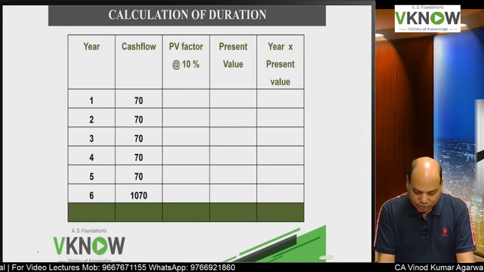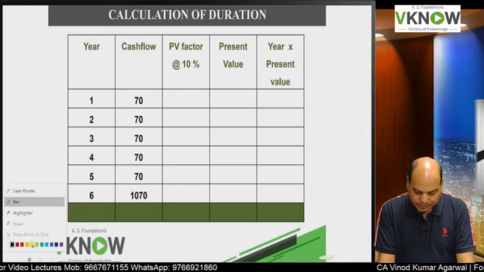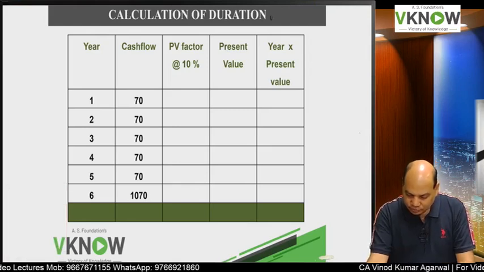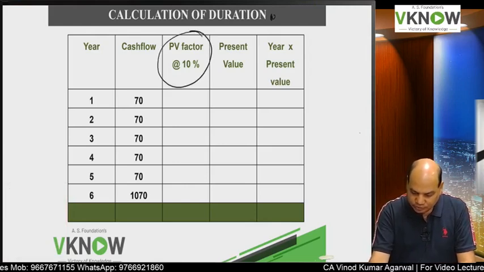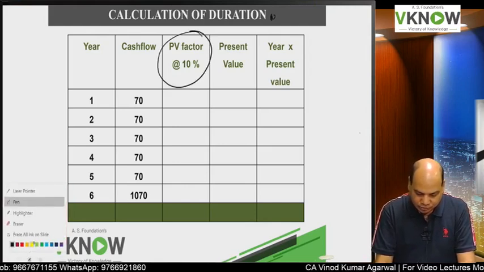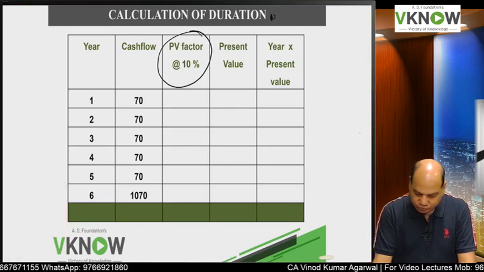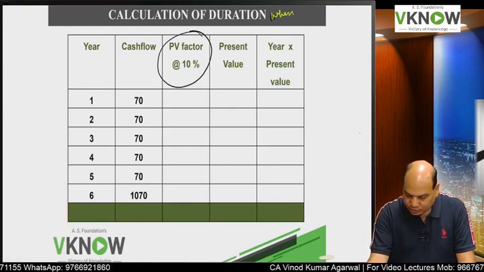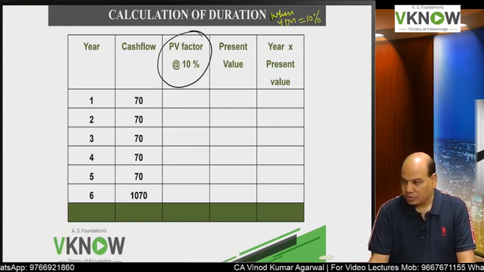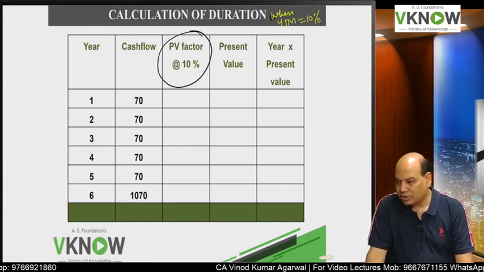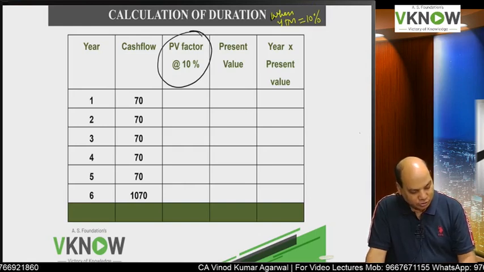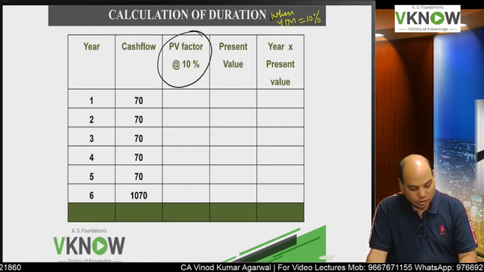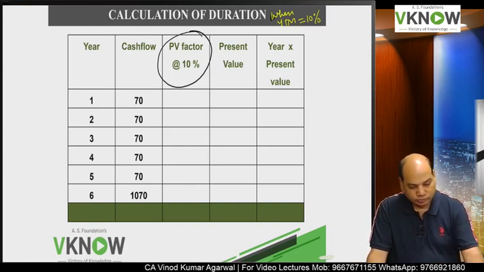So write down calculation of duration when YTM is 10%. Calculation of duration when YTM is 10% according to second question, and then you have to explain why the duration has gone down.